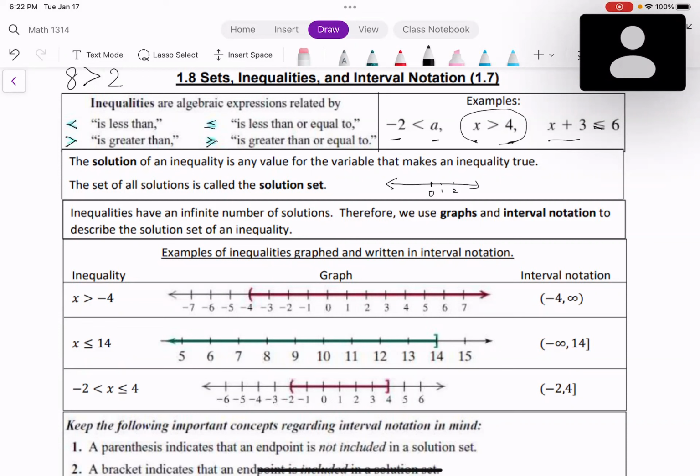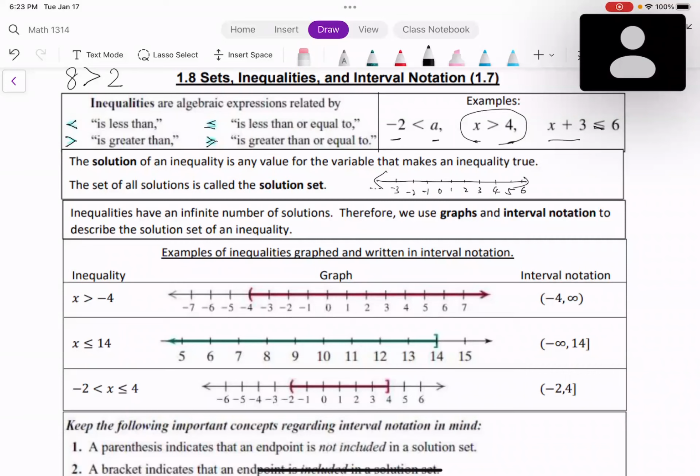Maybe I need a longer number line. Let's draw a longer number line. For example, here is 0, 1, 2, 3, 4, 5, 6. You can also plot some numbers on the left-hand side, -1, -2, -3.